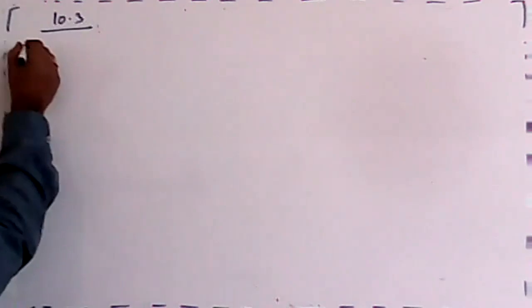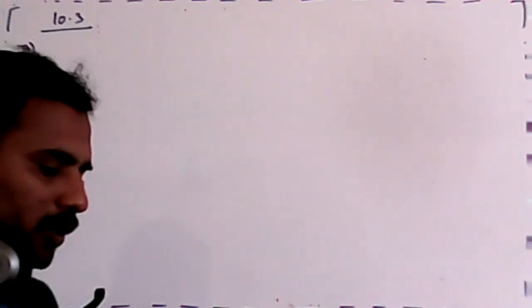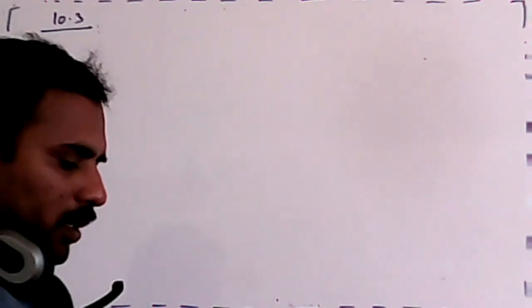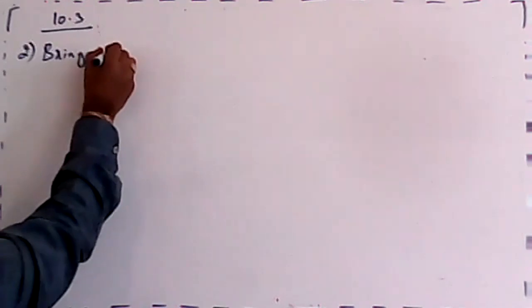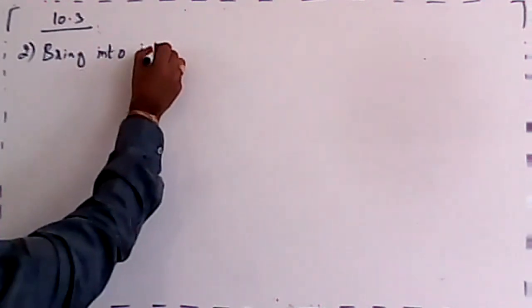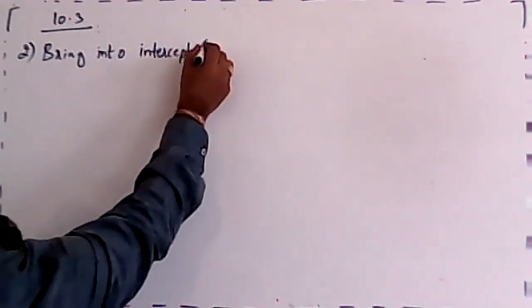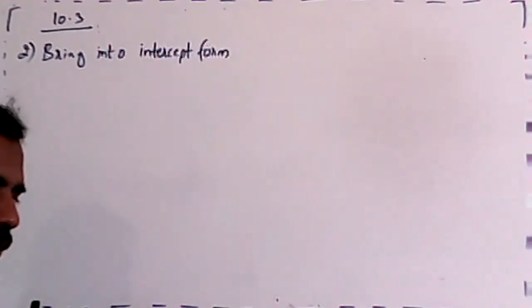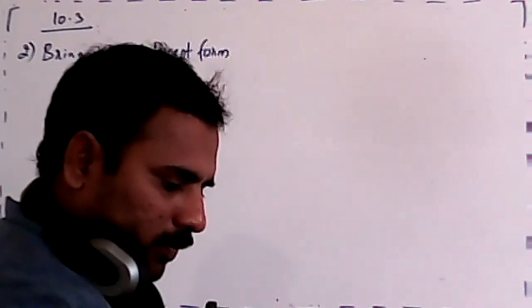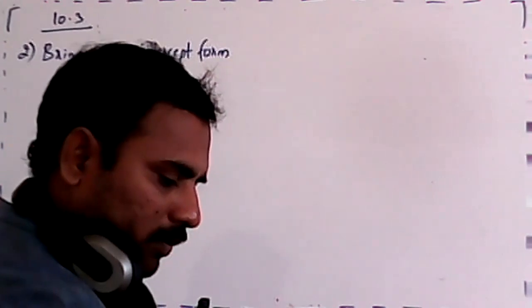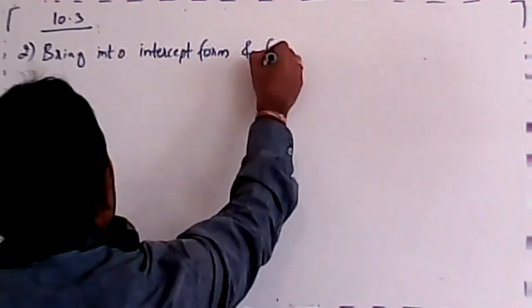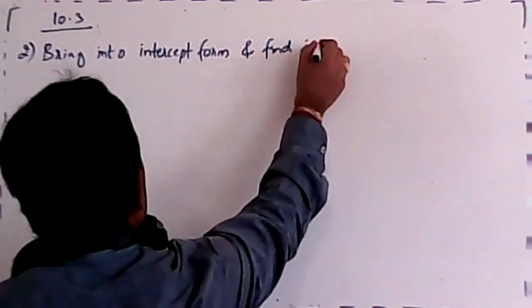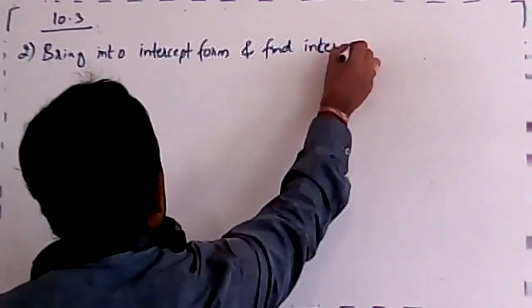They're asking to reduce the given equations into intercept form, and one more thing they're asking: find their intercepts on the axes.